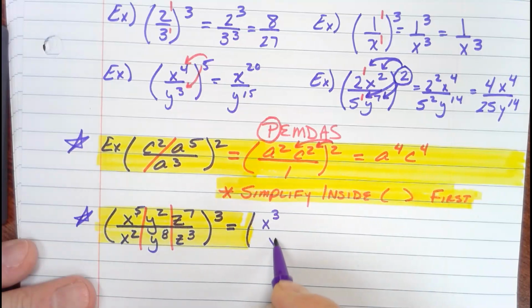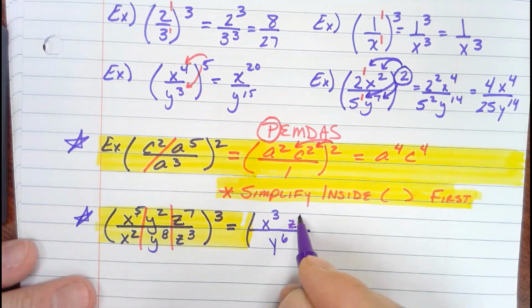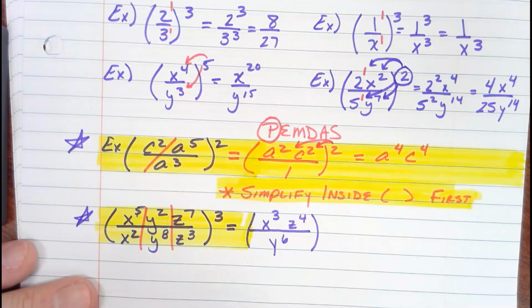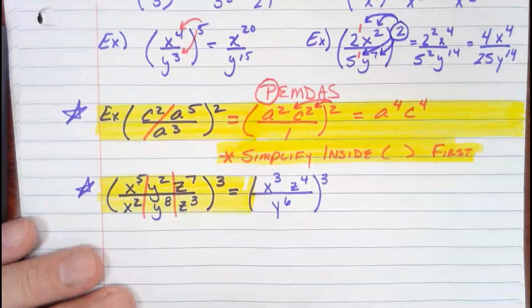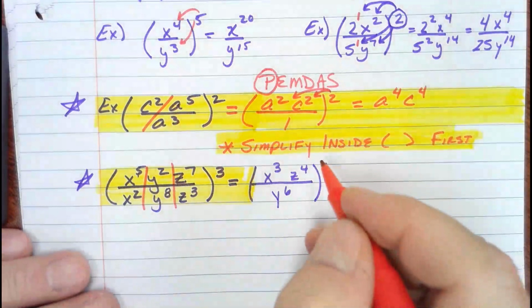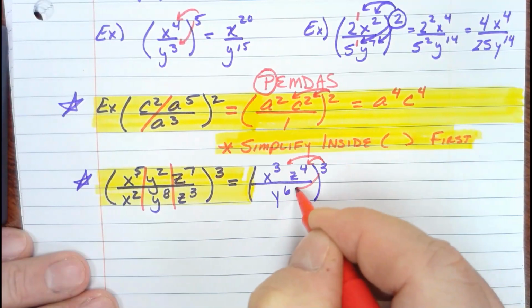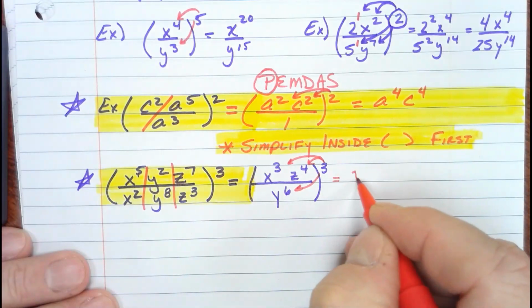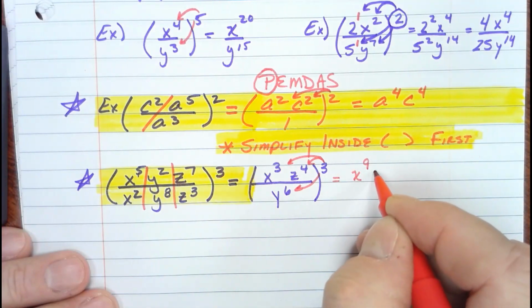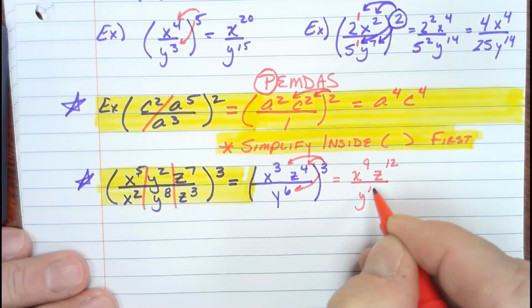There are 6 y's in the denominator. And there are 4 more z's in the numerator. All of that is cubed. But I've simplified inside the parentheses first. And now I would do the other part, excuse me, and multiply these exponents. X to the 9th, z to the 12th, y to the 18th.